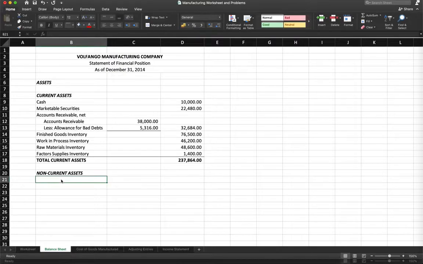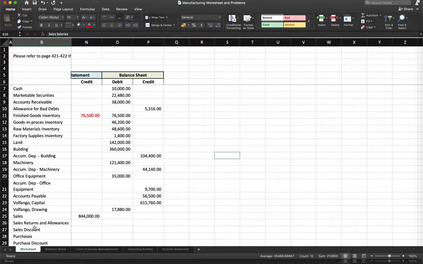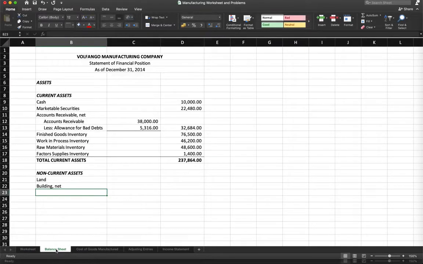Yung land, building. Yung mga yan, class, ay property, plant, and equipment. So, kunin natin yung building at cost.